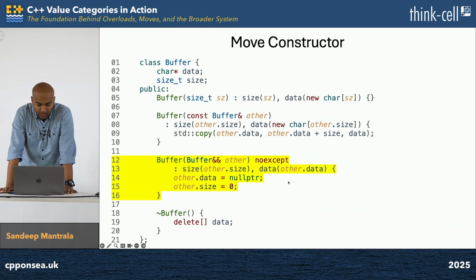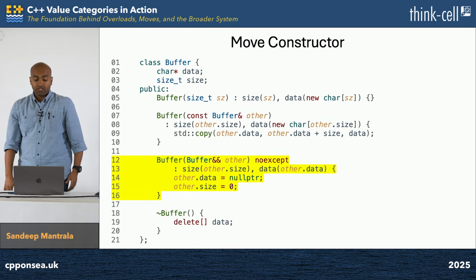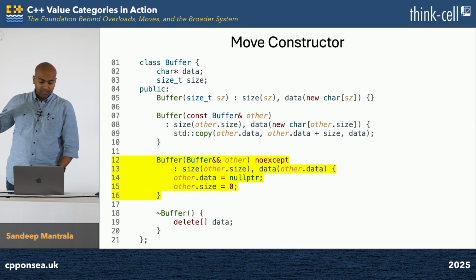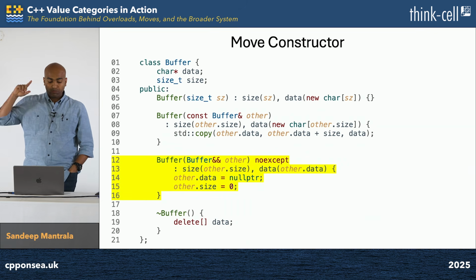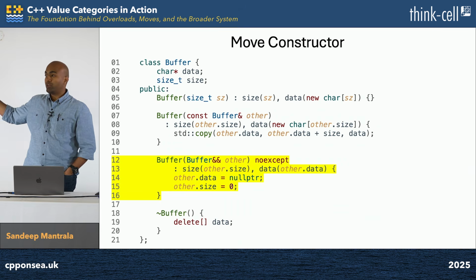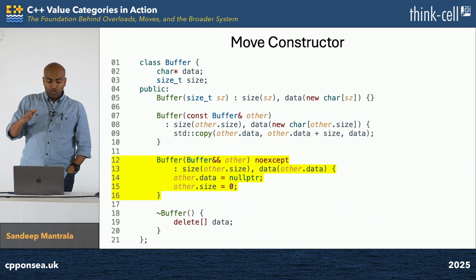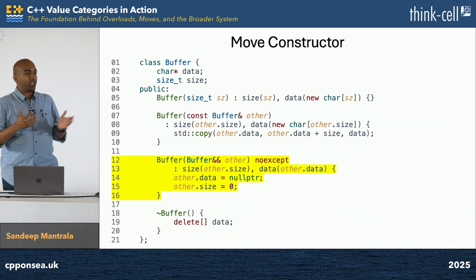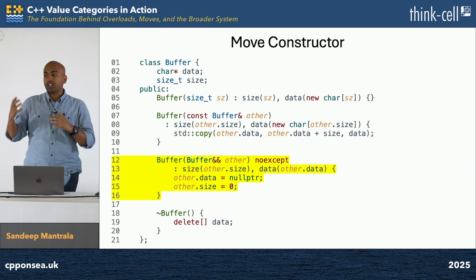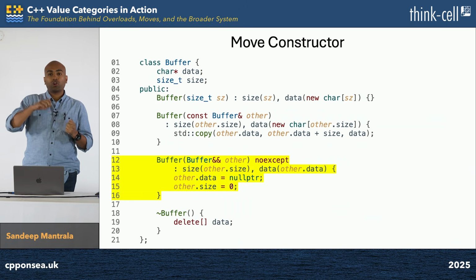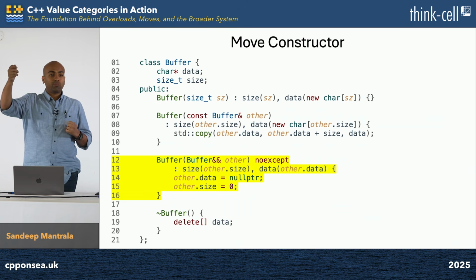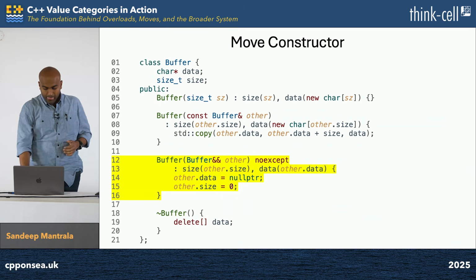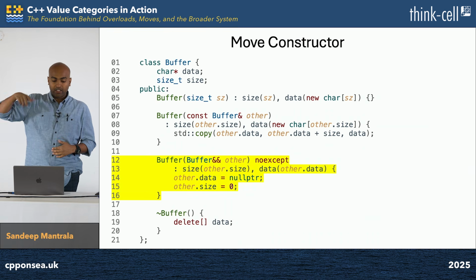On line 13, you can see that you are initializing your internal data member by just updating the pointer with the other's, and you are marking the pointer of other with nullptr, meaning that you are stealing the resources. We keep talking about stealing the resources, and this is exactly what it means. You just take the resources. You don't do a deep copy of all the contents of this pointer. You just take the pointer, assign it to yourself and invalidate the pointer at the other object.